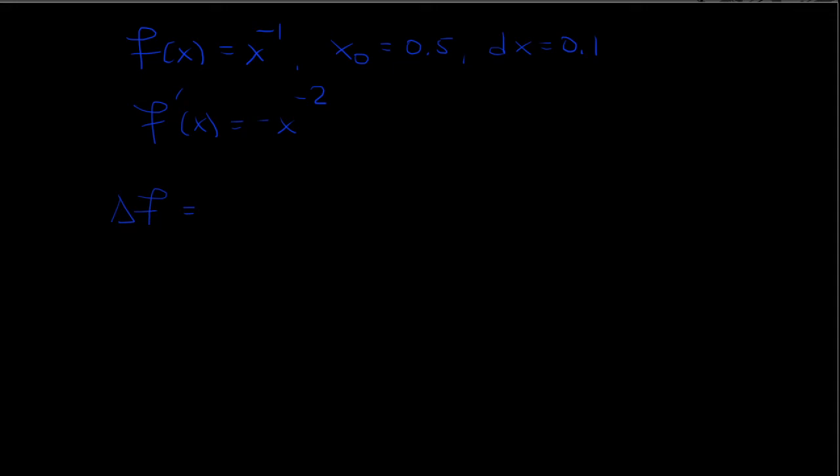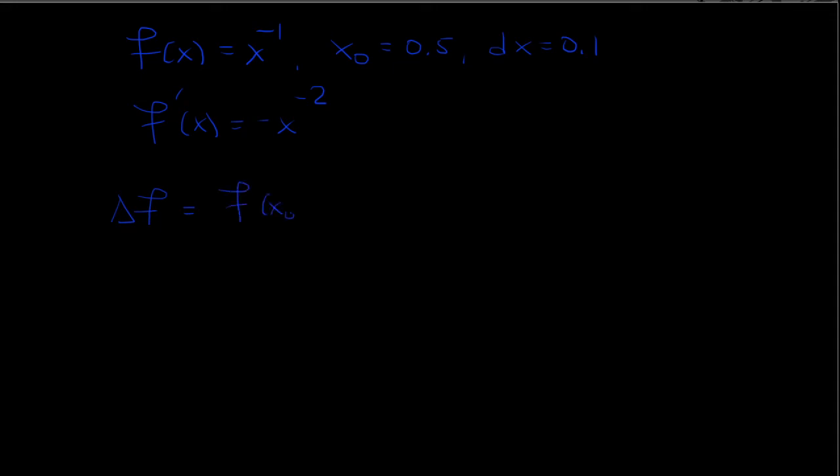All right, next problem. We have f of x equals x to the negative first power, where x naught is a half, dx is 0.1. My derivative using the power rule is negative x to the negative second power. I'm first going to find delta f, which is my change.